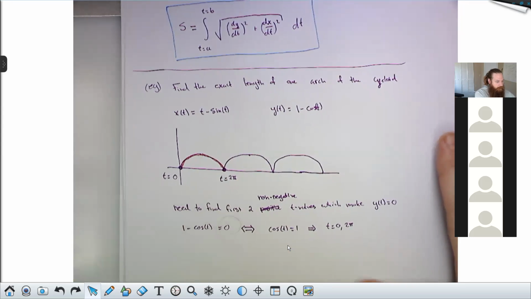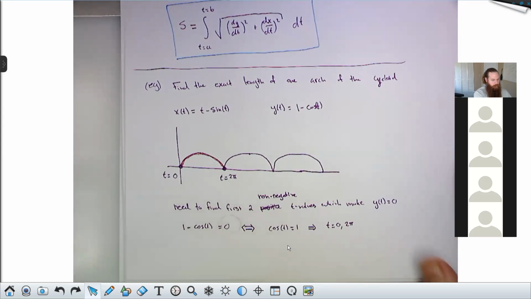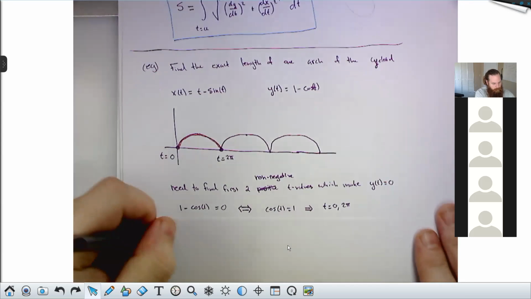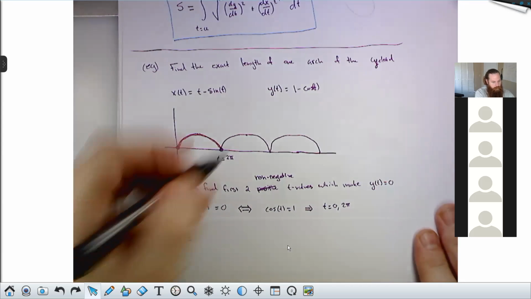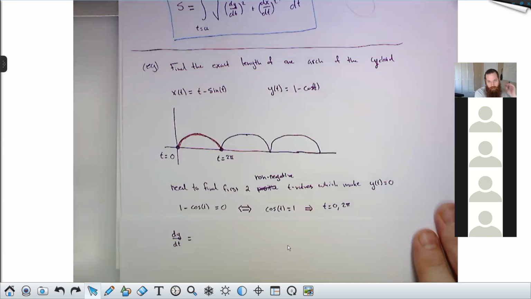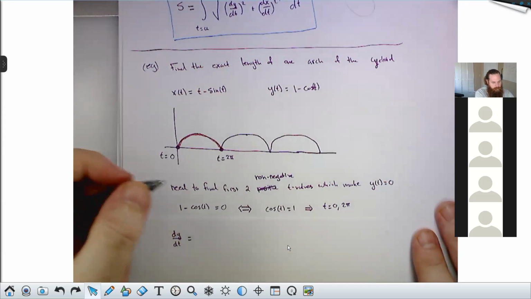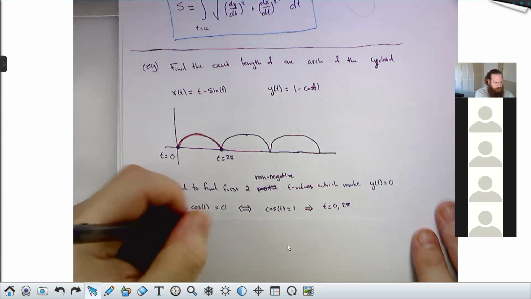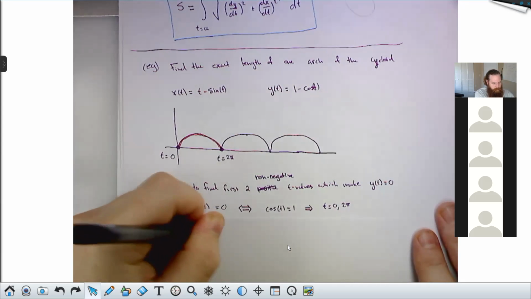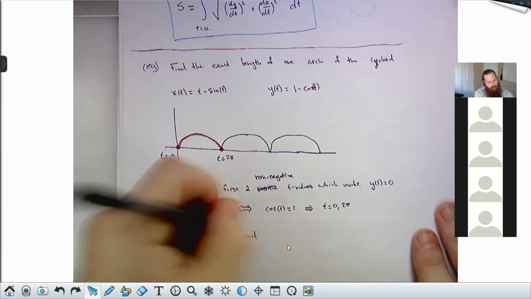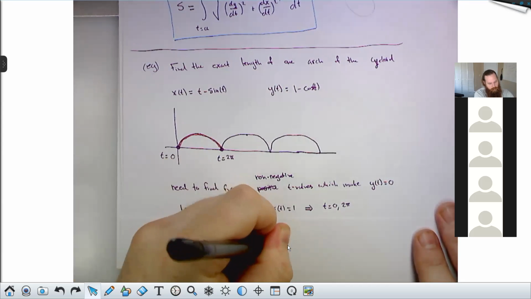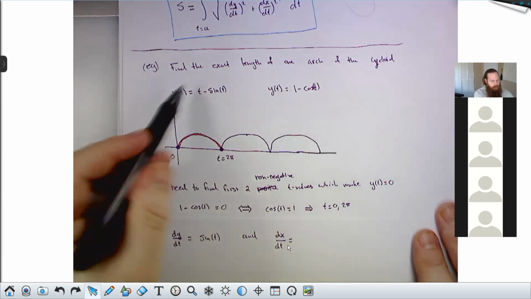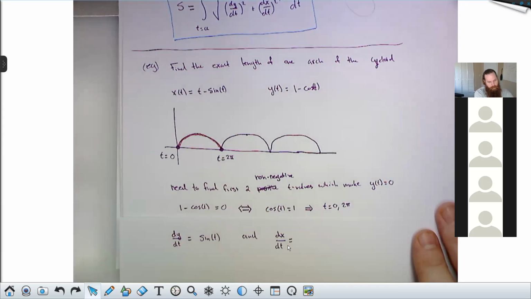Then the pieces that I need to build my arc length integral are dy dt, the derivative of the y function taken with respect to time, which is 0 minus the derivative of cosine t, which is negative sine t, so this is just positive sine t, and dx dt, the derivative of the x function here, is just 1 minus cos t.